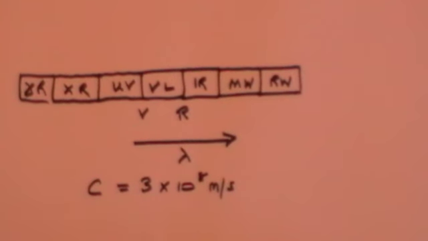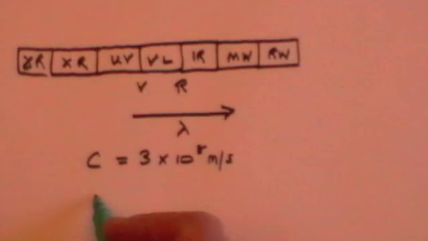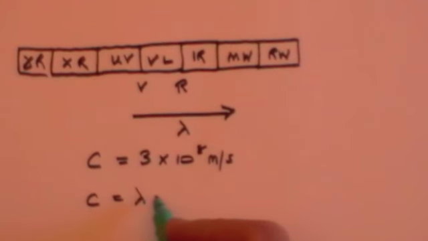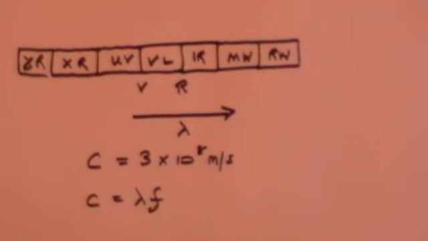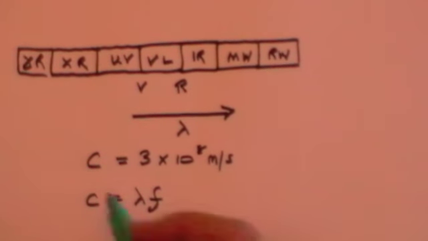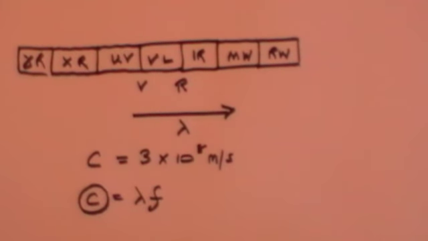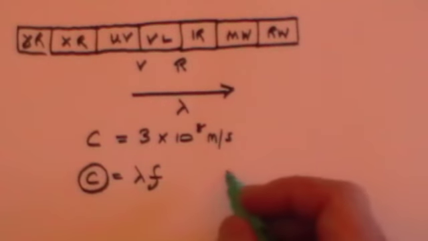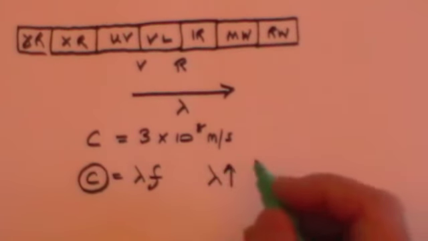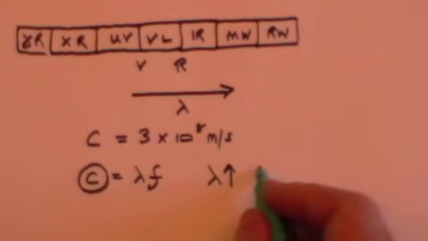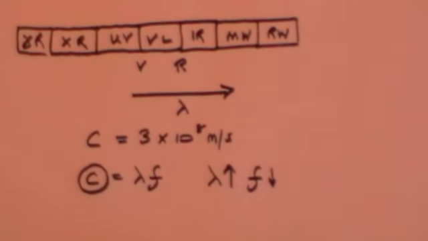So since we know, we've learnt this before, that the speed of a wave is equal to its wavelength times its frequency, if that speed c is constant at 3 × 10⁸ meters per second, what that means is that if the wavelength increases, then in order to keep c constant, the frequency must decrease, such that the product of the two always comes up to the constant of c. So as wavelength increases, frequency decreases.